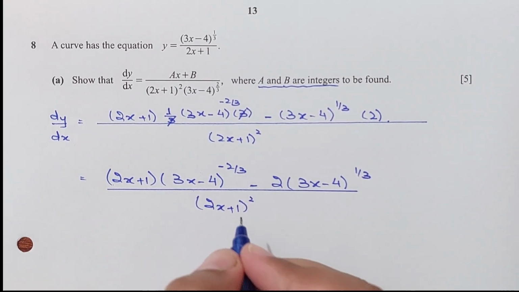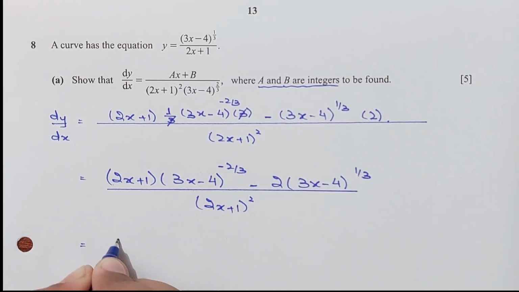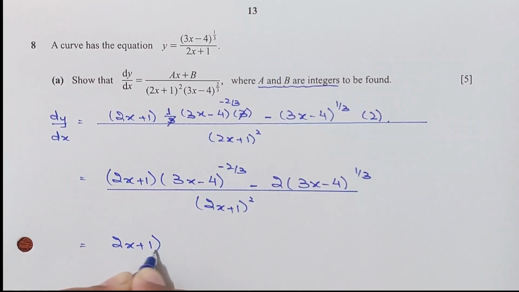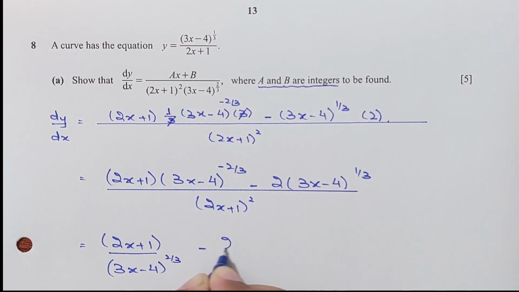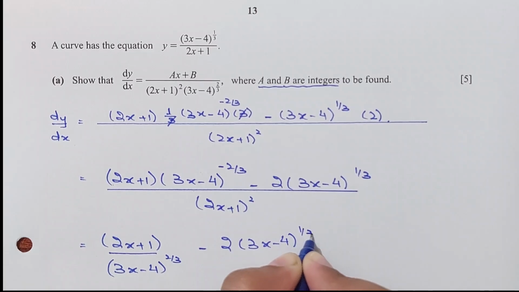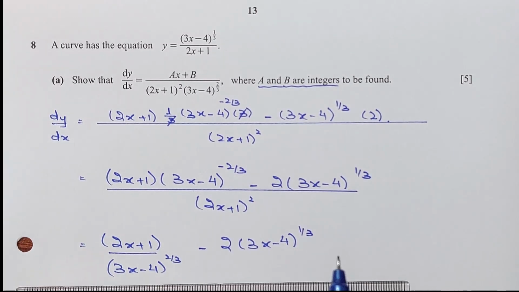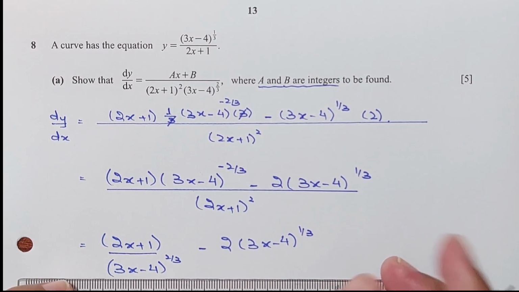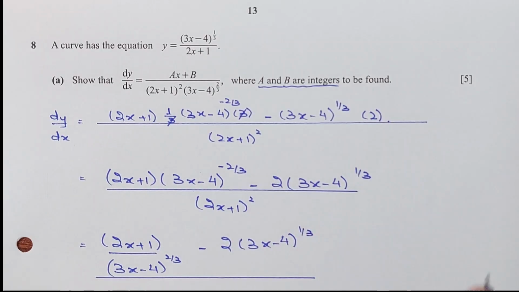Right, now let me shift this power into the denominator, which is 2x plus 1 divided by 3x minus 4, power is 2 by 3, minus 2 into 3x minus 4, power is 1 by 3. Okay, and this whole is divided by 2x plus 1 whole square.